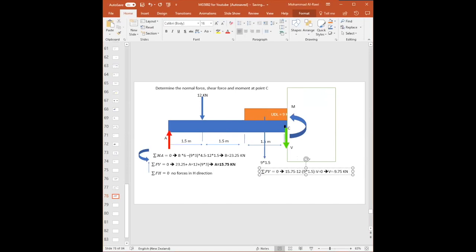Now, here is a good point. Guys, compressive or tensile is only when the force is perpendicular to the cross-sectional area. This shear force is not really perpendicular. If you look into the beam, it is not applied at the cross-section of the area. So we don't write here that it's compressive.